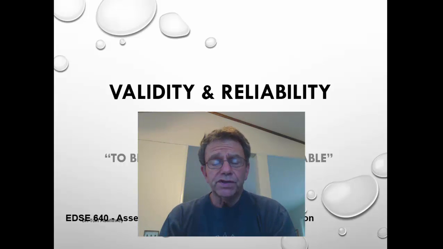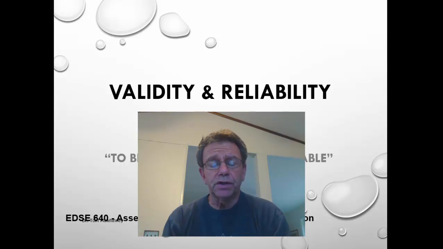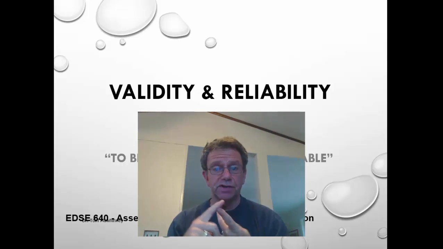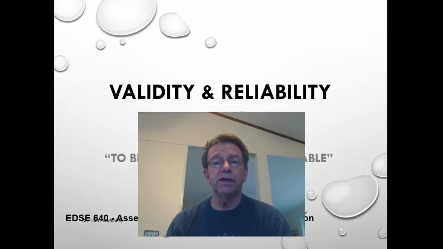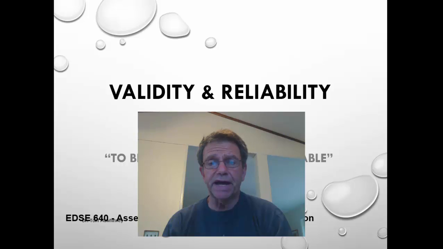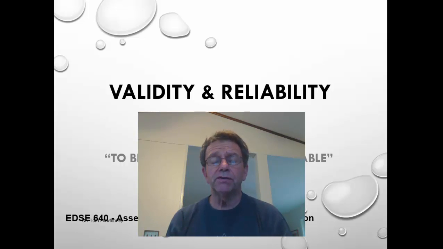One of the reasons that I include this in every assessment course is the three parts of the test creation triangle: validity, reliability, and absence of bias, because you need to know how to talk about a test intelligently.